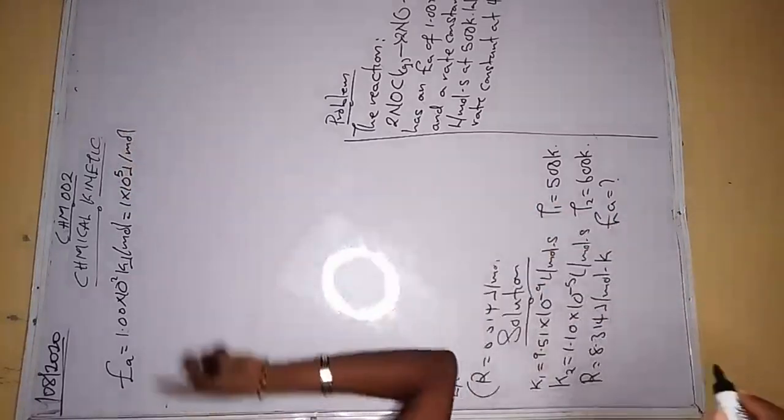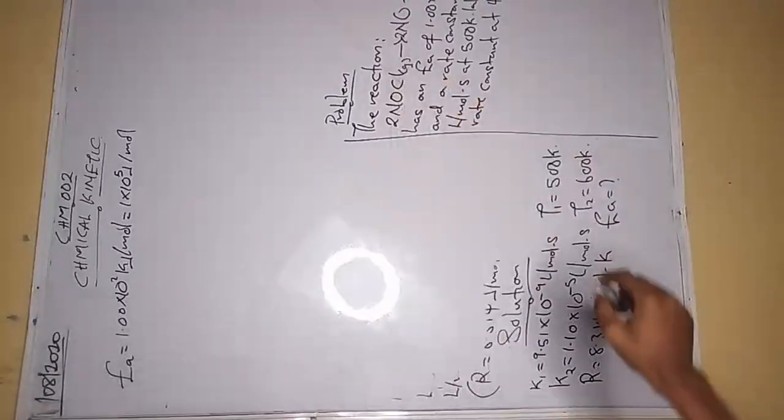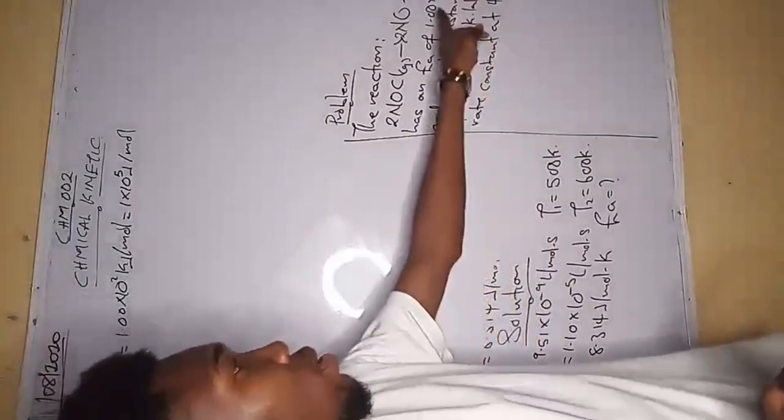That is, by the time you times it by 1,000 to convert it to joules per mole, that's what you have.